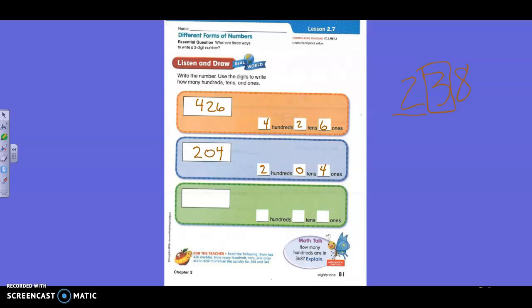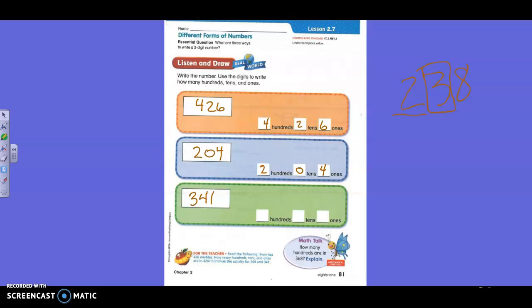Okay, the last number, 341. What it says, 341. And go ahead and write it in. What's the value of the 1? Anthony? 1.